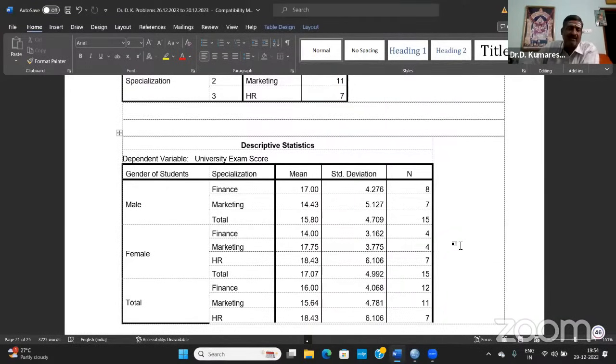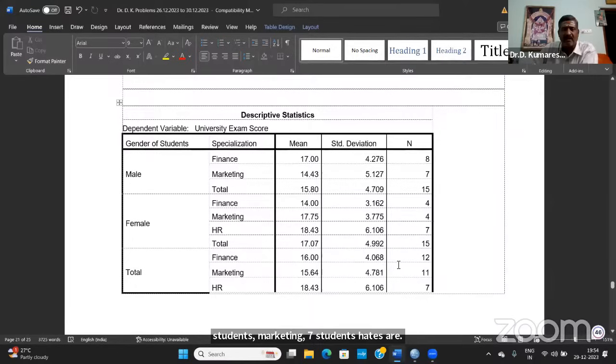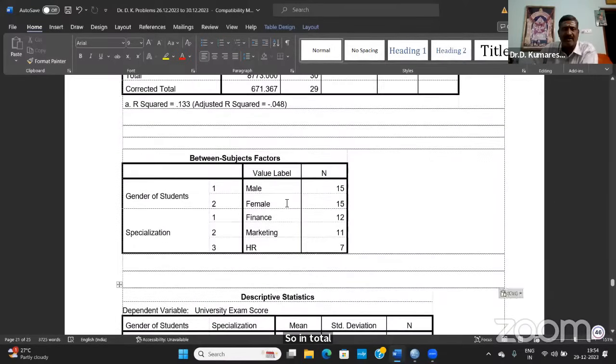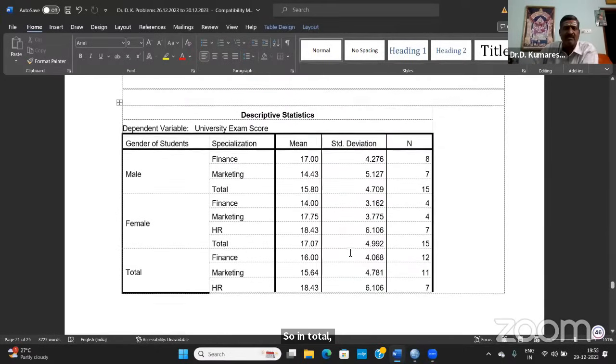But none of the male students have chosen HR. Then female. 4 students finance specialization, 4 students marketing, 7 students HR. So in total, 12, 11, 7. So this is the mean marks obtained by these students.